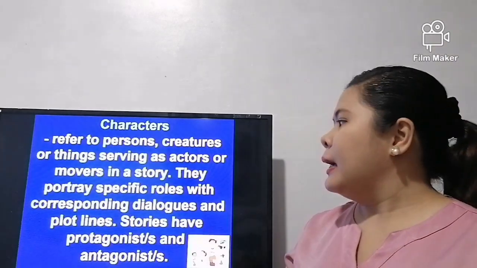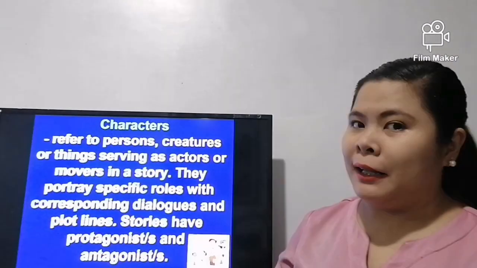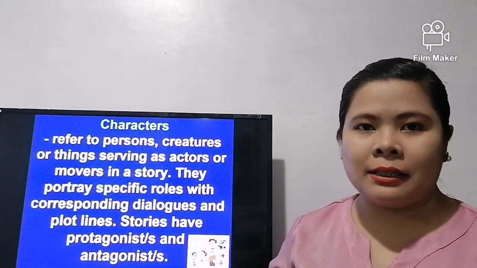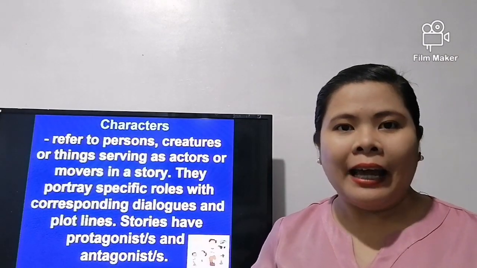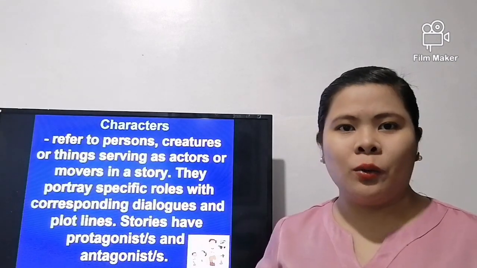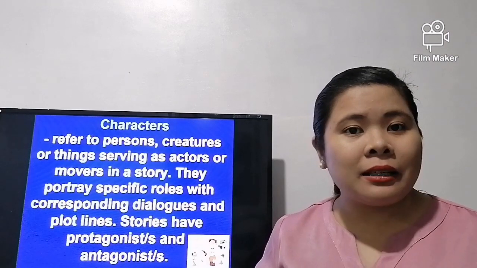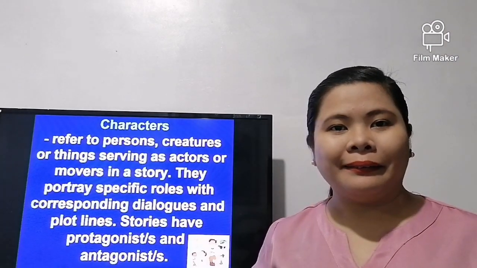They portray specific roles with corresponding dialogues and plot lines. Stories have protagonists and antagonists. In Filipino, when we say protagonist, it's bida. When we say antagonist, that is kontrabida.